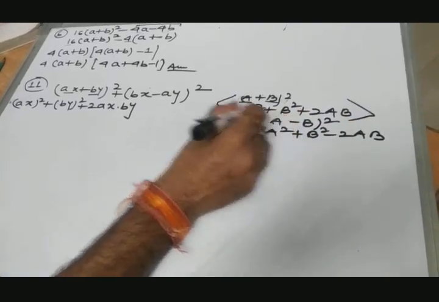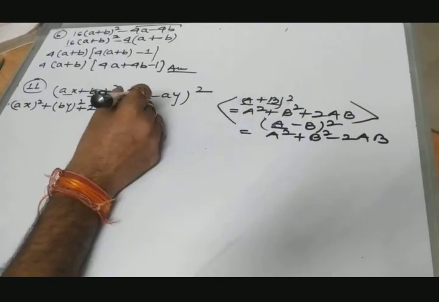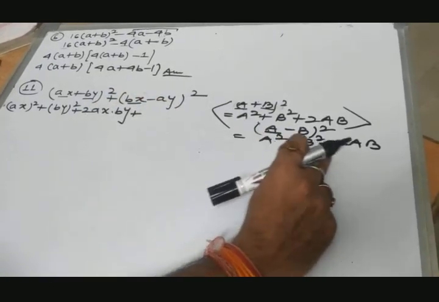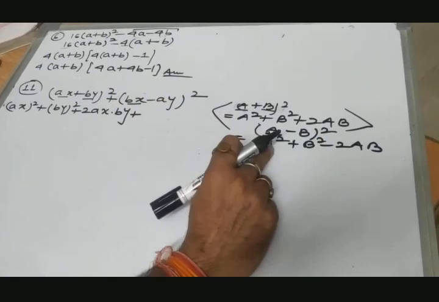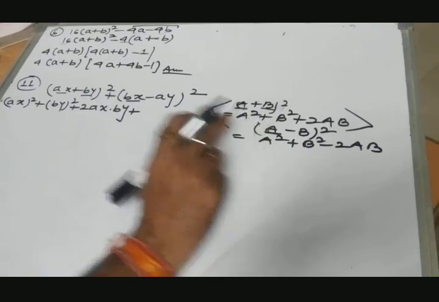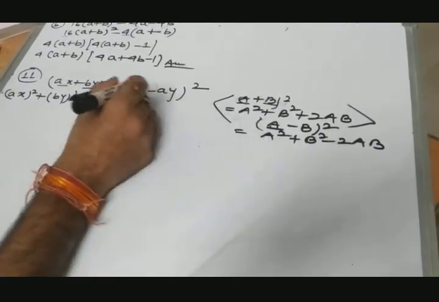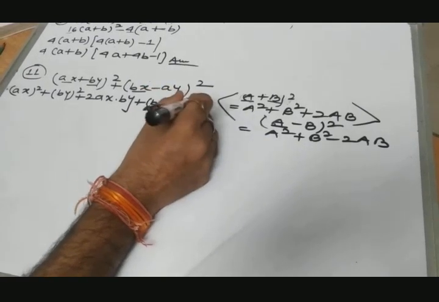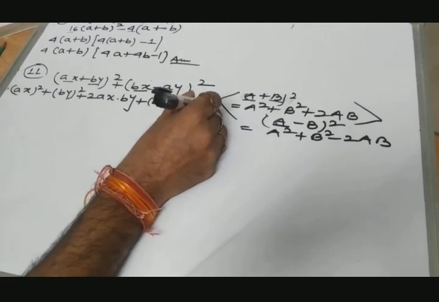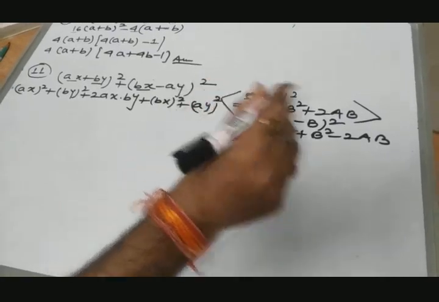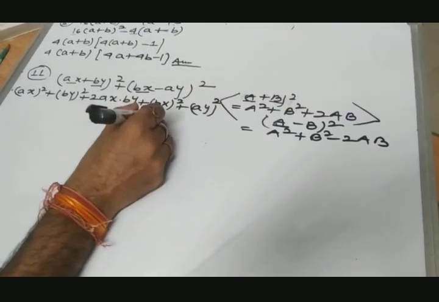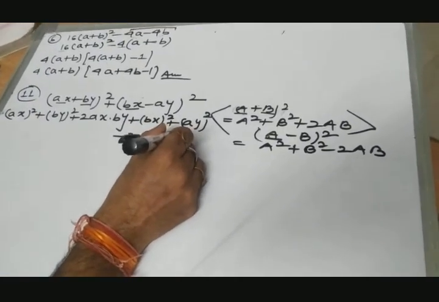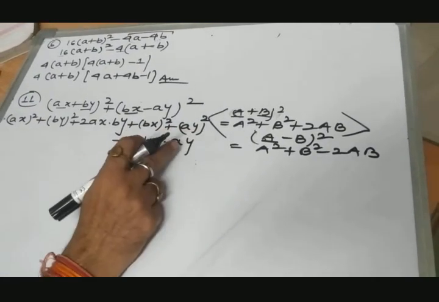On comparing with the formula, in the place of a we write bx, so first we write the square on the right hand side: (bx)². The second term is (ay)². The third term is minus 2 into bx into ay.